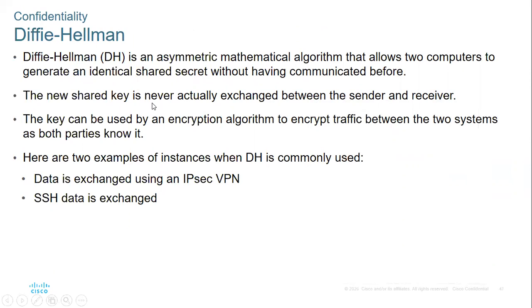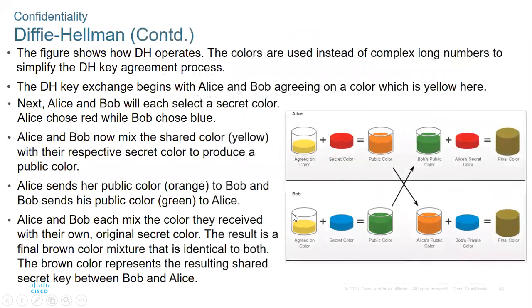Okay. All right. So the DH, of course, this is the method that we can use to exchange the key. And of course, how things work, for you to easily understand, was explained with the use of colors. So you and me, we are going to agree on a certain color.